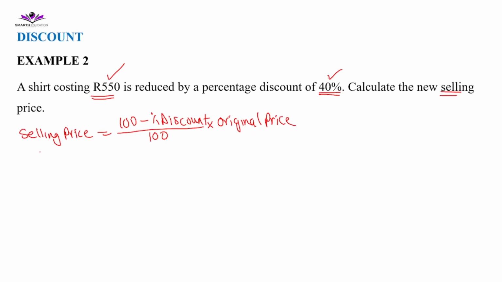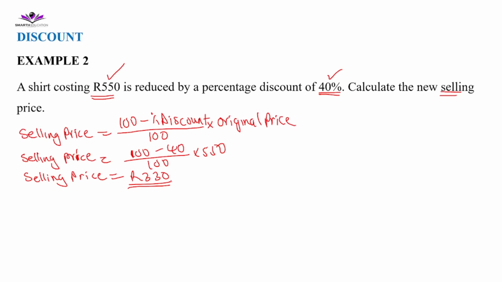So we just substitute what we have. So it's (100 minus 40) divided by 100 times 550. And then you get your selling price, which is 330 rands.